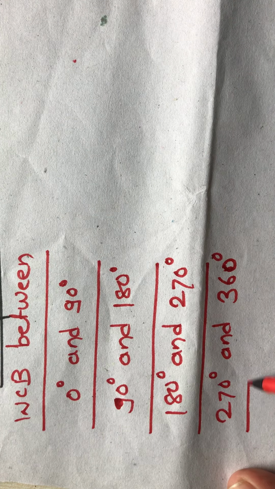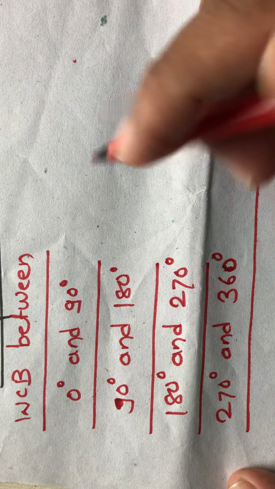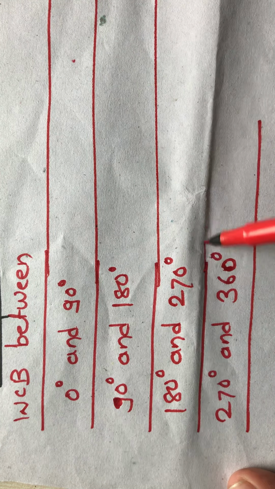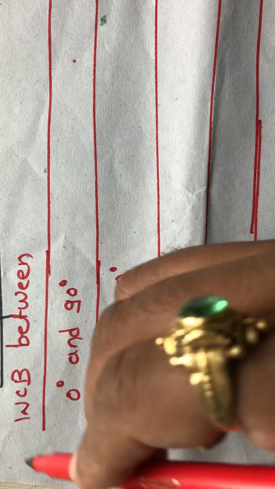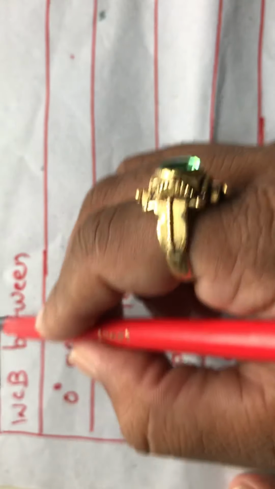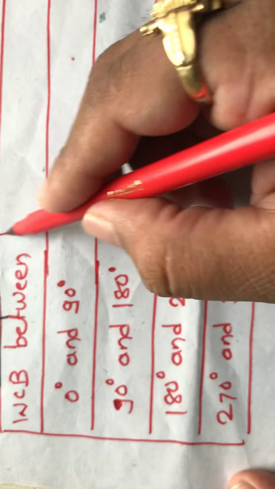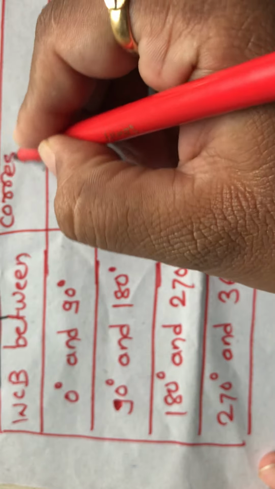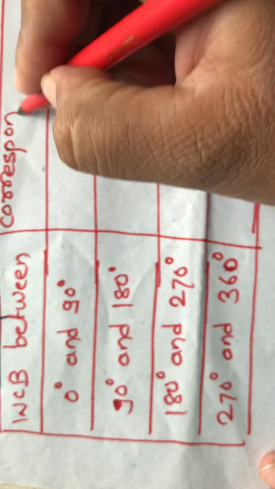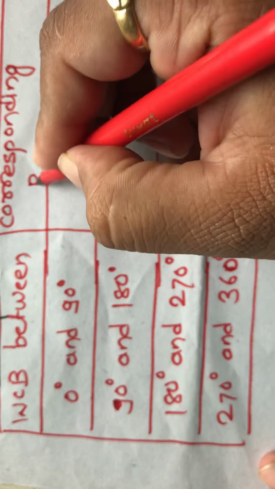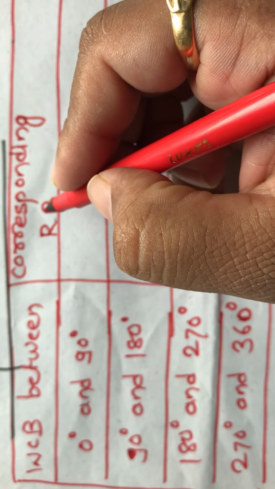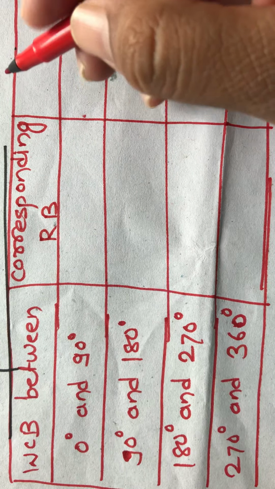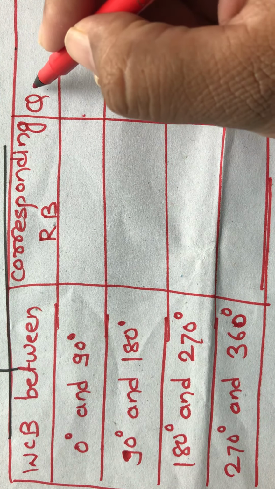So if the whole circle bearing is in between these ranges, how to convert this into the reduced bearing? So corresponding RB, and the quadrant. So it is in which quadrant?